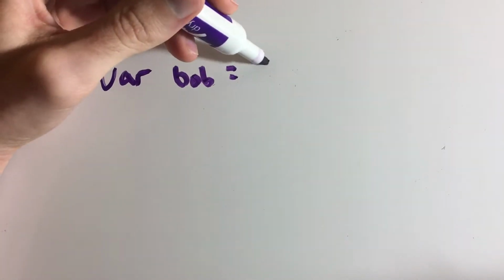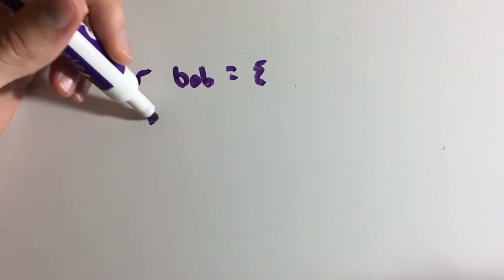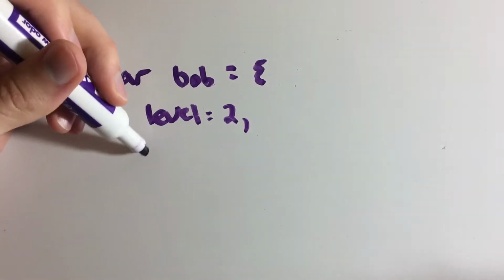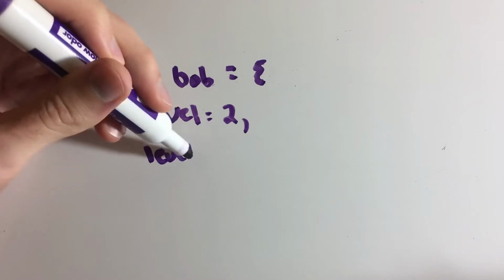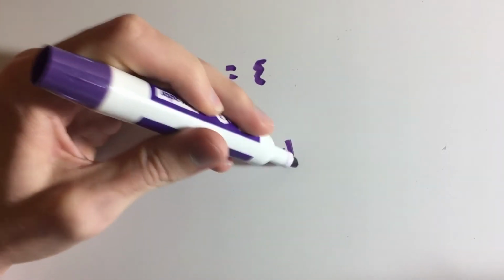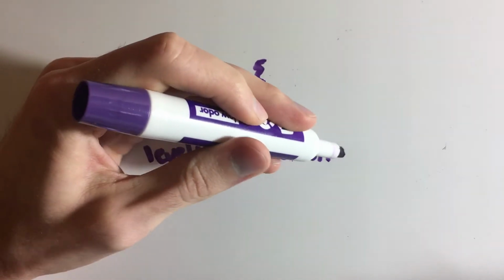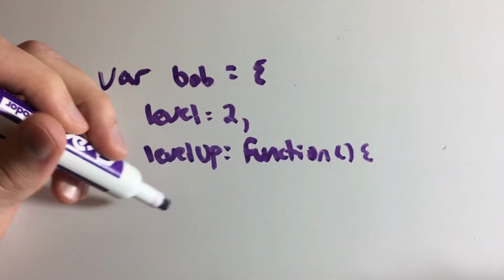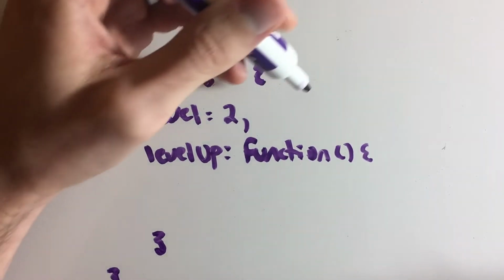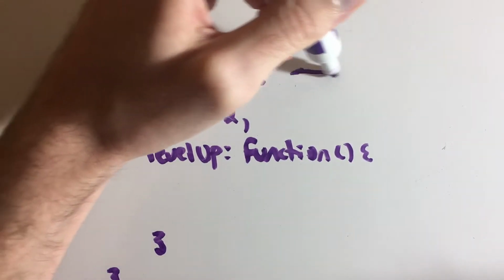So let's go ahead and define an object using code. We can do this with the keyword var, and then Bob is the name of our variable, equals opening curly brace, followed by the property name level, colon, the value 2, comma, another property name called level up, colon, and then we can do the keyword function, define the blank parameters, give it curly braces, and then finally the last curly brace that starts on the first line.